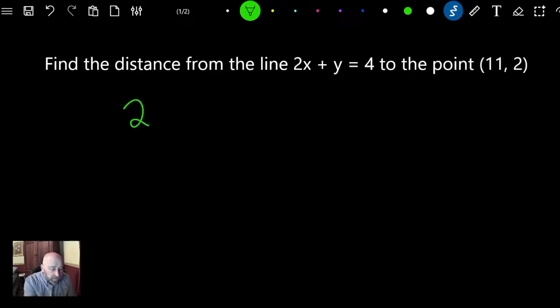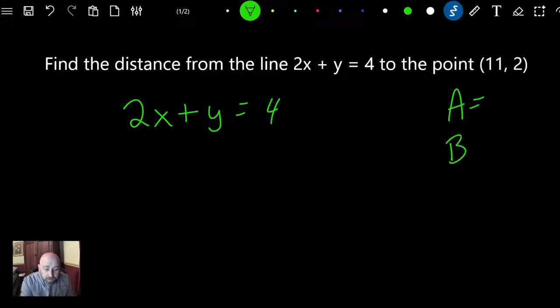So we'll take this 2x plus y equals 4. And this is the way I've been doing it. So we have an A point, the B point, the C point, and the M point. Okay? So what we need to do is figure out what these are so that we can go from there. We really don't even need to find the M, to be honest, because if we find the A and the B, the C is easy in that one, right?